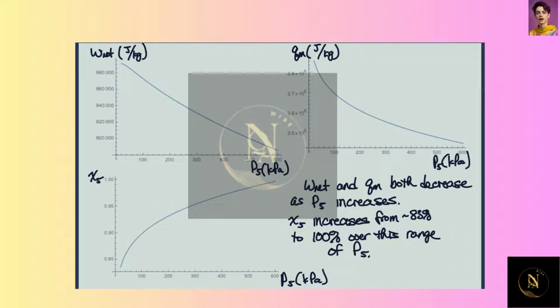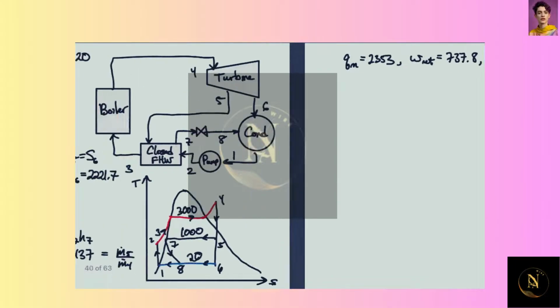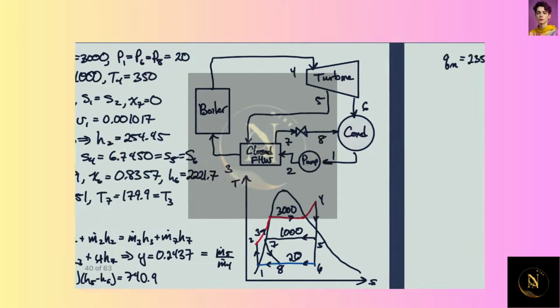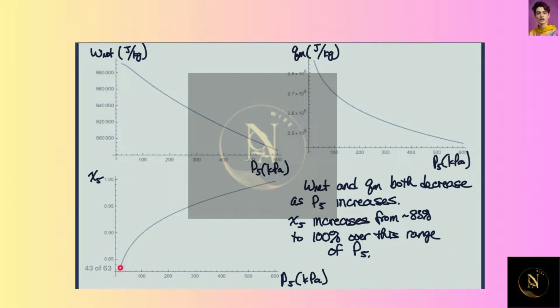The quality factor at 20 kilopascals should be very close to the quality factor at state 6. Did we calculate it over here? Probably should have. Yeah, at 6, it's 83.6%.